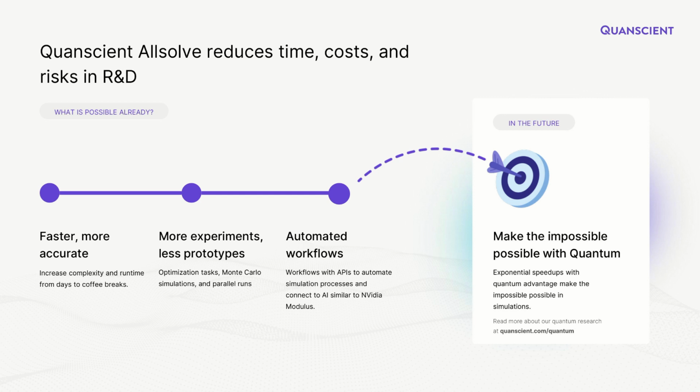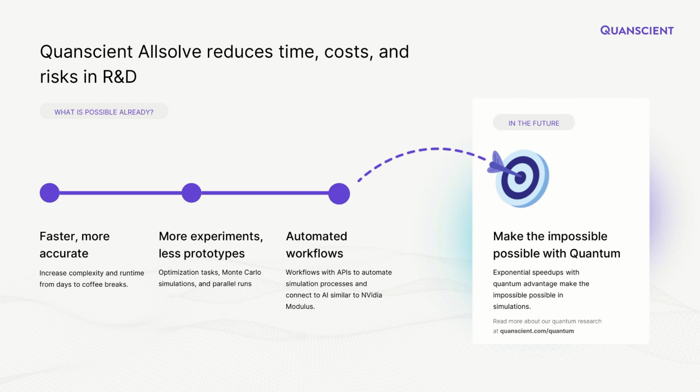Further on, you can do automated workflows through APIs, which we are rolling out in the next couple of months, and the sheer amount of data gathered through those can be fed to an AI neural network, which can be used for AI assisted design.